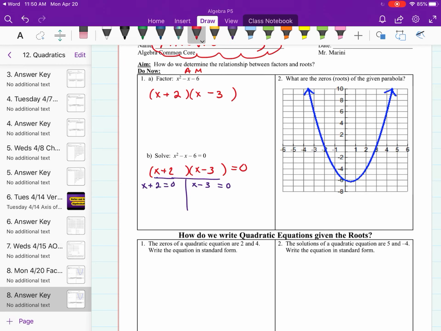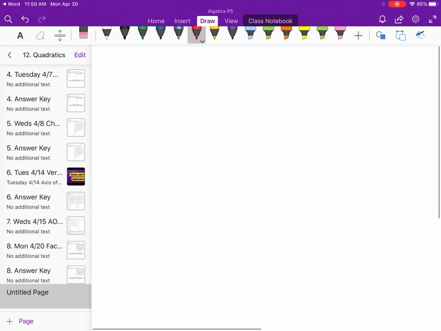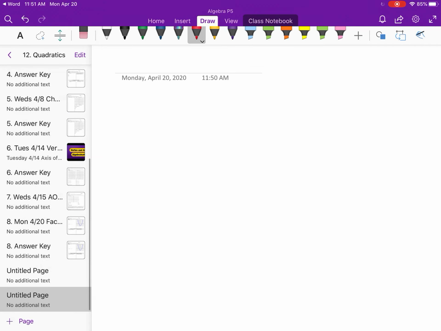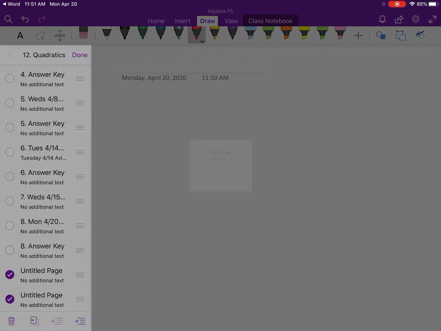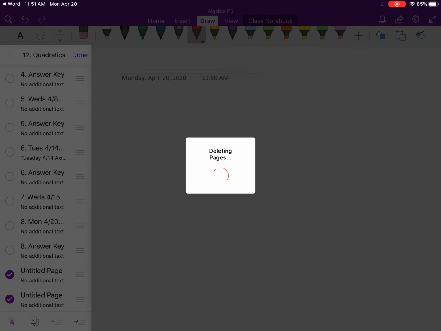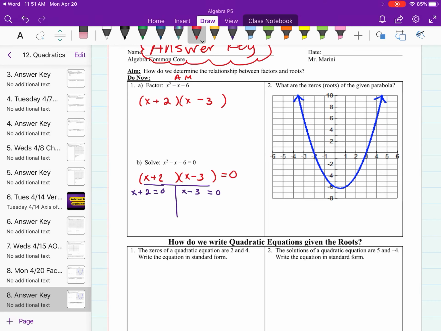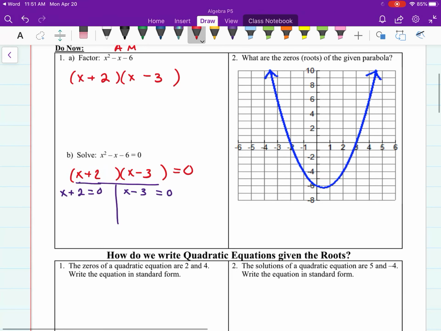And to solve for x, you would subtract 2 on both sides, and you get x equals -2. And here you would add 3 to both sides, and then x equals 3.